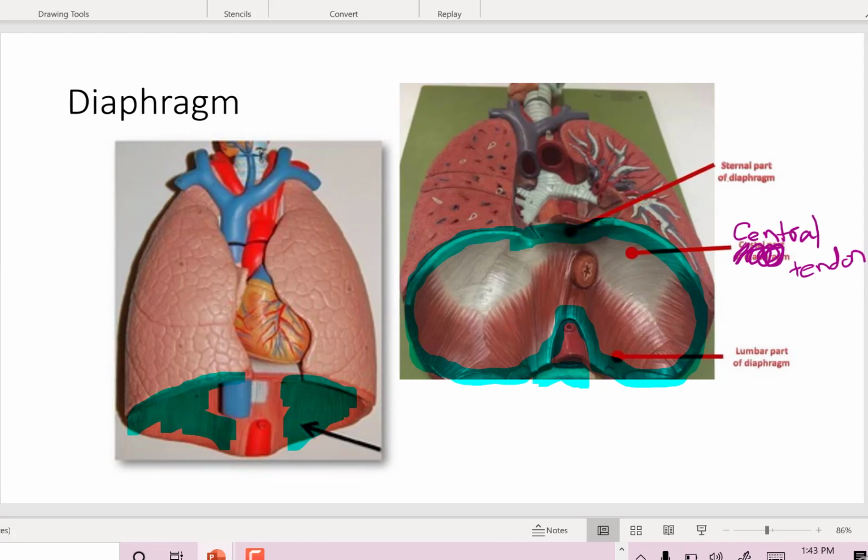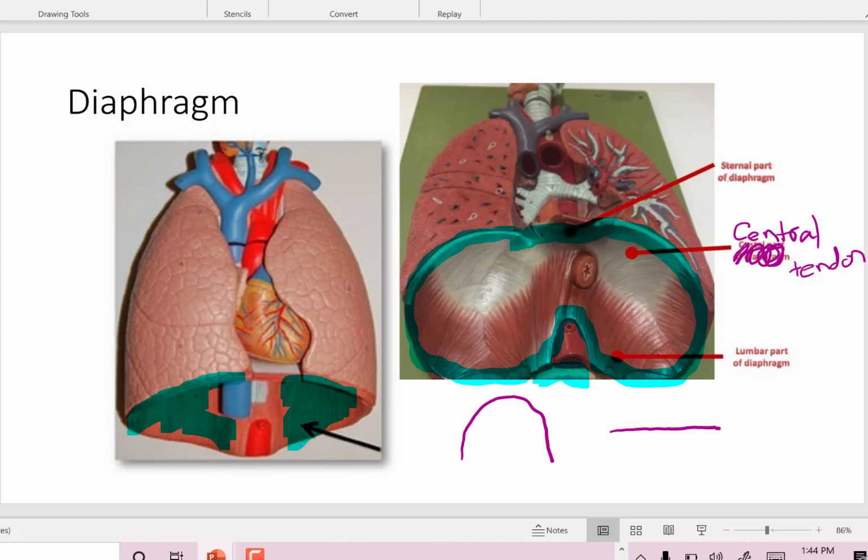And the reason why the central tendon would actually be up towards your ribs, costal region, is because when the diaphragm is relaxed, it actually is domed up superiorly. So when the diaphragm is relaxed, it's like this in your thoracic cage. When you inhale, the diaphragm flattens.